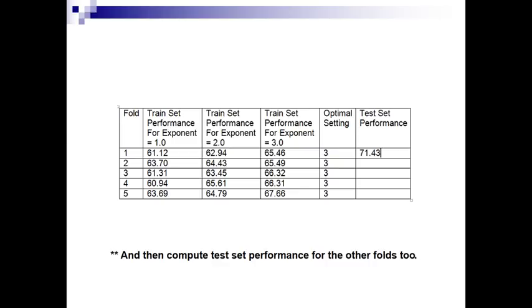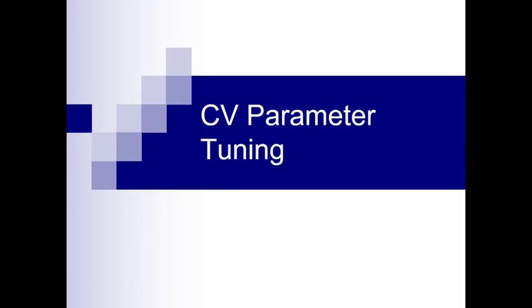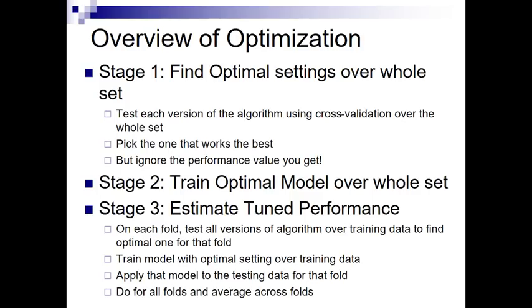Now I'm going to go through the short version, this sort of simple version of doing the tuning. We'll go through this in lecture as well, but I want you to be able to refer back to this. Now, you are not allowed to use CV parameter tuning for assignment 8 or assignment 9 or the practical part of midterm 2, but you are welcome to do this on your project.